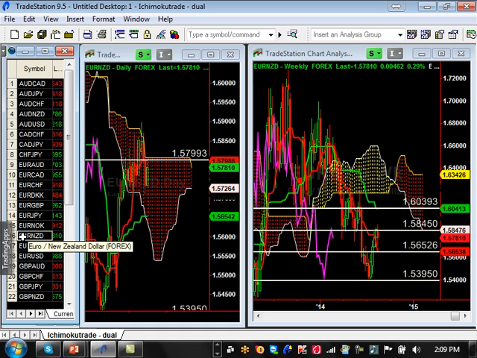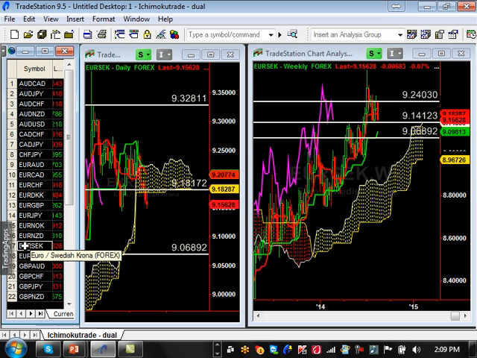If it breaks that, it's going to make a move down to 53.95 and break that to continue to go lower to test the bottom of this big consolidation ugly pattern. If it breaks that resistance and holds that support at 56.52, then we're going to have a possibility of going higher all the way up to 16.39. So we're at very critical levels right now. We'll have to see exactly what's going to happen there.